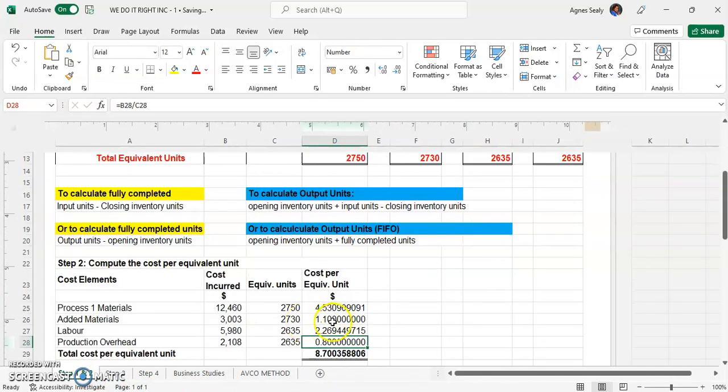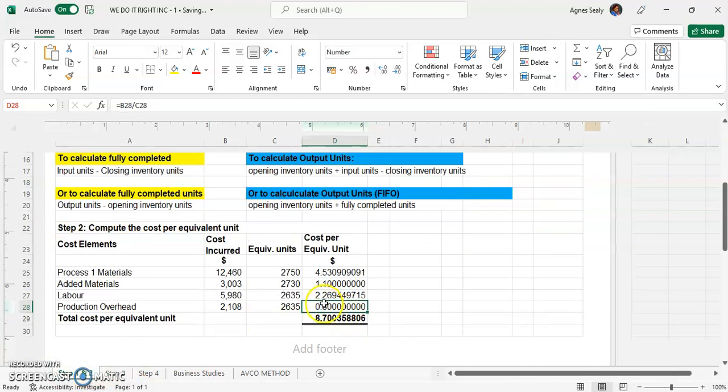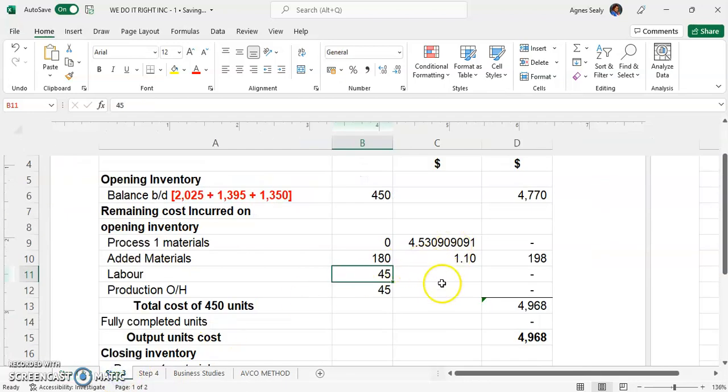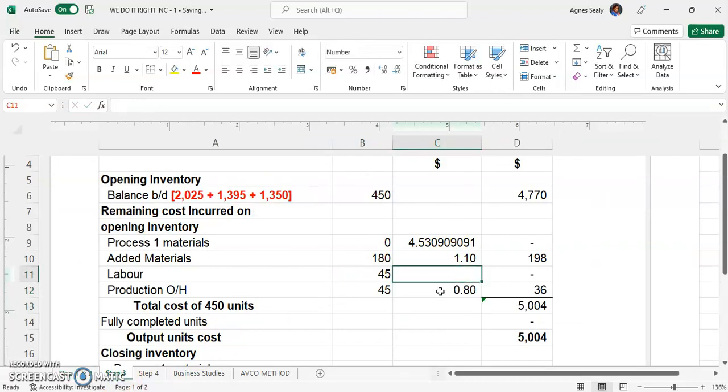It is $1.10. For labor it is 2.269449715, and for production overhead it is 80 cents.